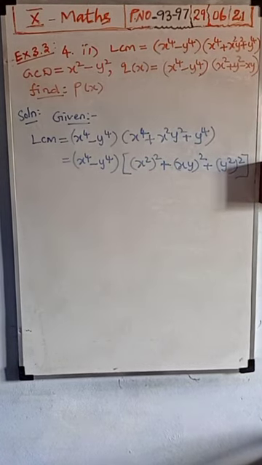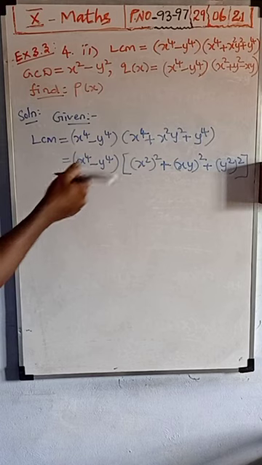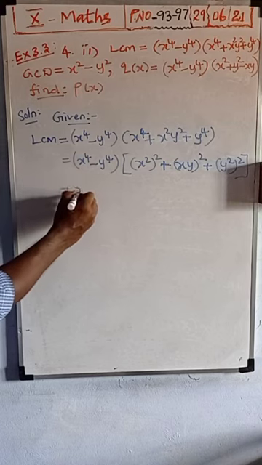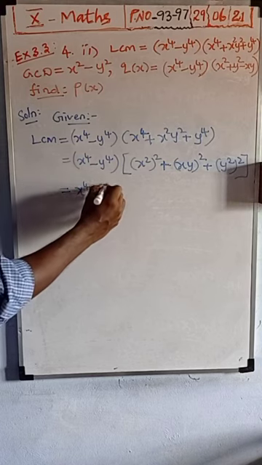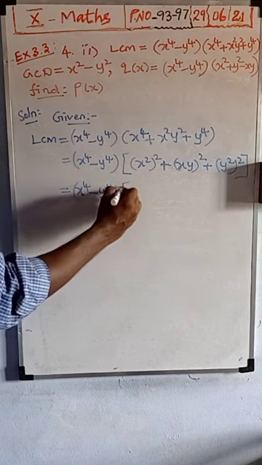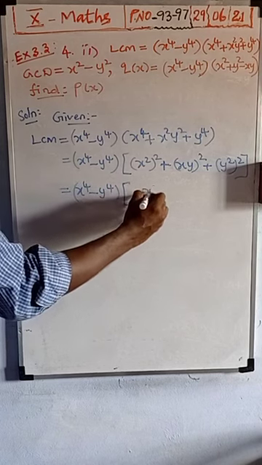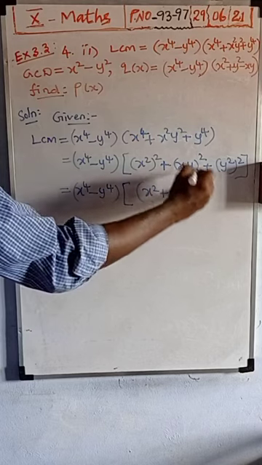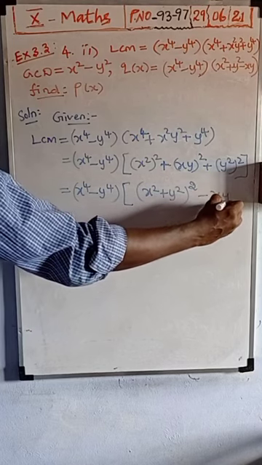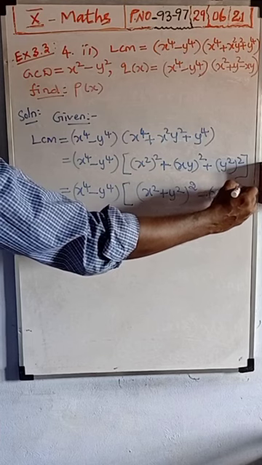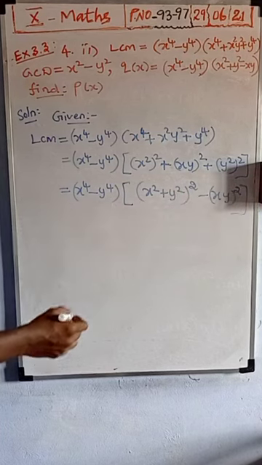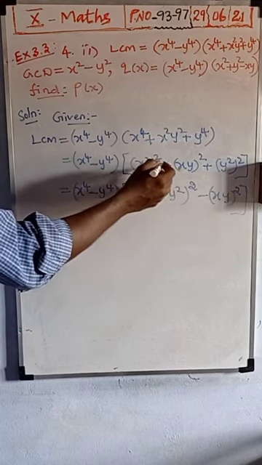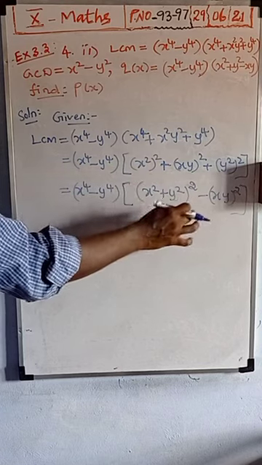Where did we do this? Before, in the third question, we did the same. So x power 4 minus y power 4 as it is. This we can change into x square plus y square whole square, and plus automatically changes into minus xy whole square. I explained this hint, so this step we can write like that.